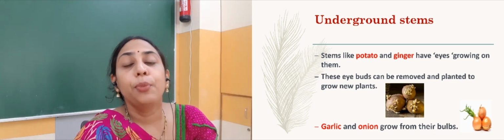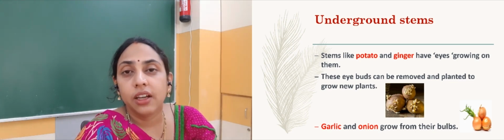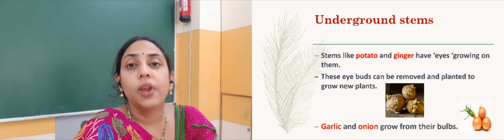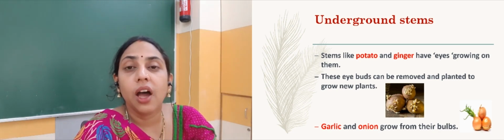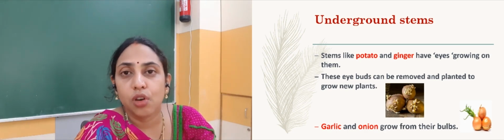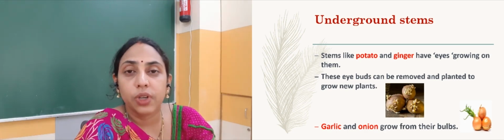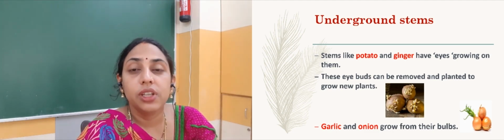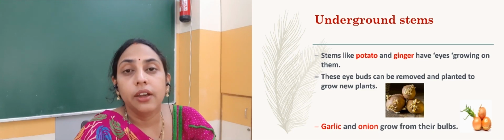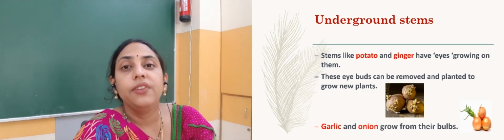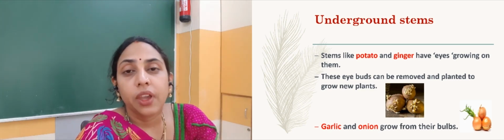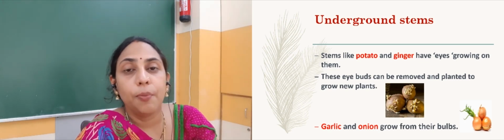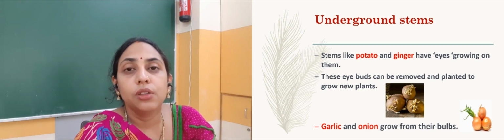So, if we put these potatoes and underground stems like ginger again in the soil, new plants will start growing from the eyes of these potatoes, or we can say from the buds, right. The potatoes and ginger are also the stem of the plant, and through the stem only we can get new plants.